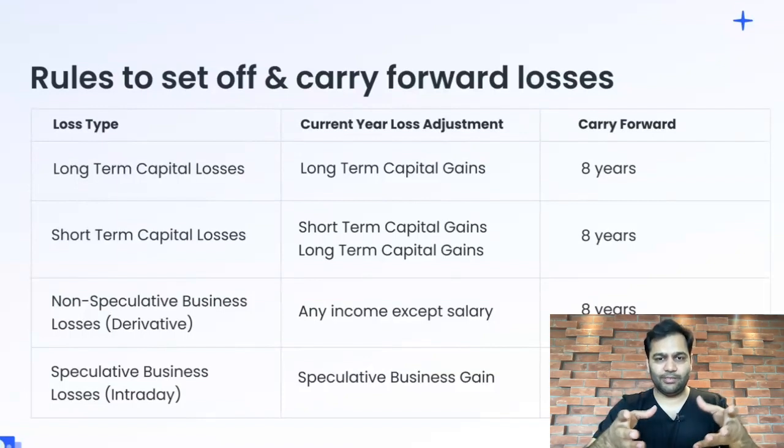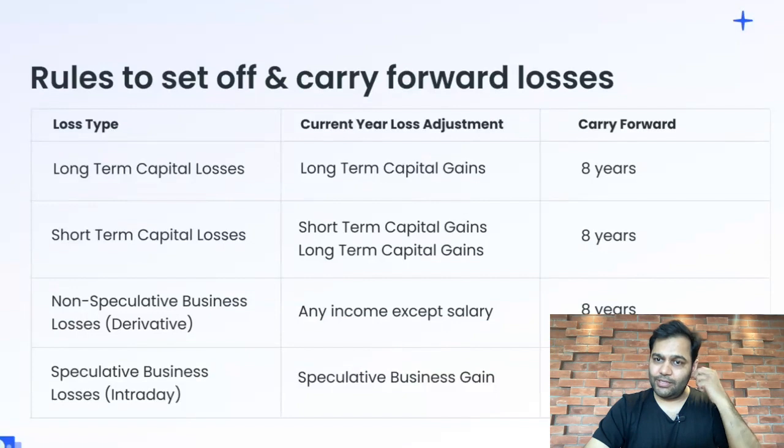Because the whole concept is around first realizing your losses and then setting them off against gains. So again, a quick recap. Any long-term losses can be set off against long-term capital gains, and they can be carried forward for 8 years if you are not able to set them off. Any short-term losses can be set off against both short-term and long-term gains.